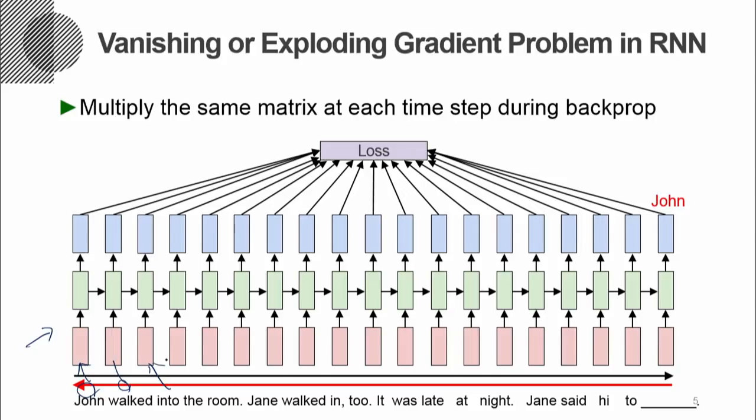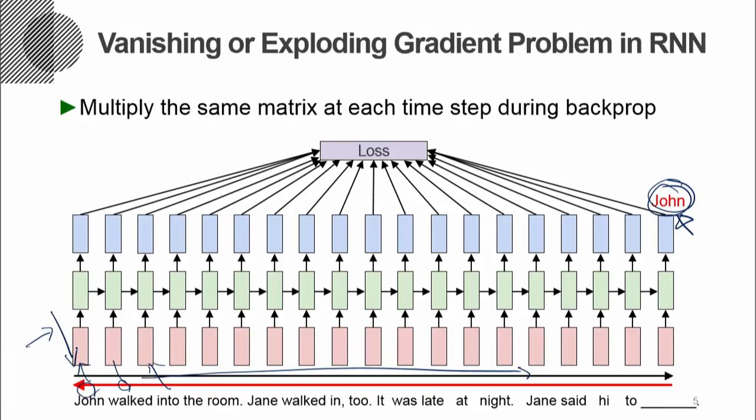So in this case, instead of using character level language model, we actually used word level language model, but the remaining process will be almost the same. And then after giving this sequence of words, we want to predict the last word, which is John here in this case, but this information was conveyed in the very first time step.